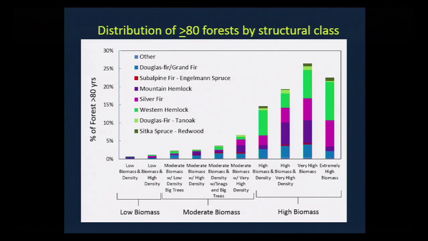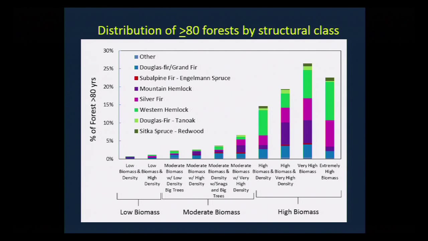And so the majority of these stands that are over 80 have things like big trees and varying amounts of dead biomass. But it's interesting to see that structure is expressed in a very wide variety of ways in terms of some of these lower and moderate biomass types. As you move to the left, you'll see an increasing abundance of some of these lower productivity vegetation zones.